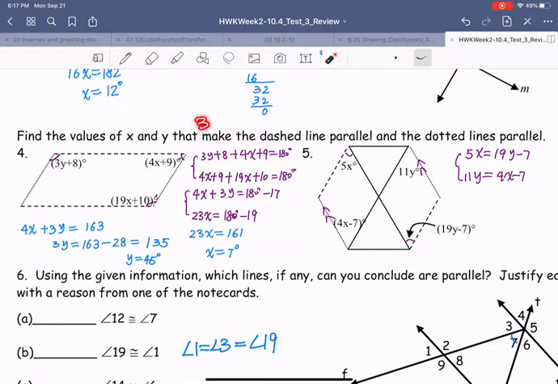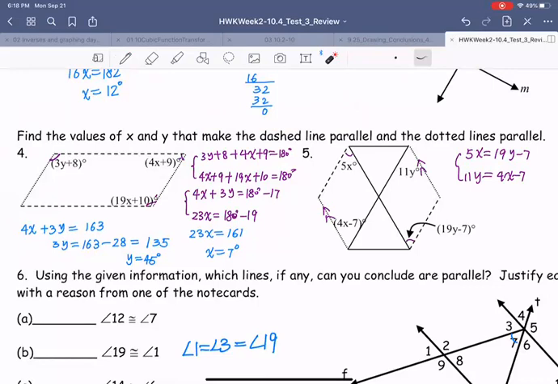So 3y plus 8 is 17 plus 4 times 7 is 28. That equals 180. These two together are 45. 180 minus 45 equals 135, right? And then y equals 45, correct? Yes. That makes sense?